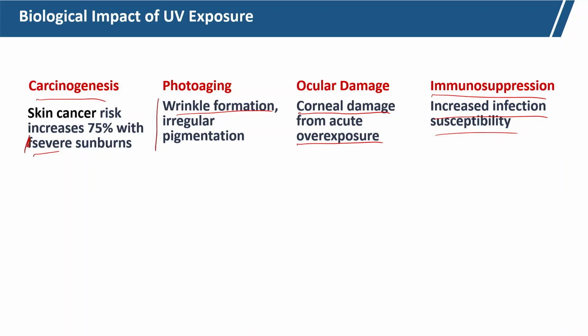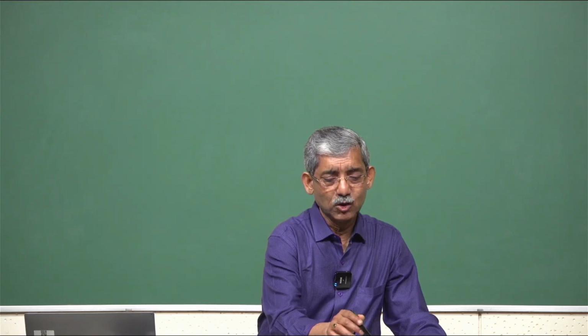With the UV exposure, we can generate different types of infection, as it will suppress the immune power of our body. So, these are the different dangerous effects on our body. So, we must protect ourselves through various ways from the UV exposure.